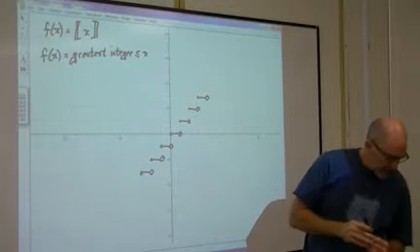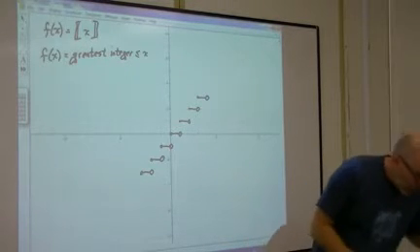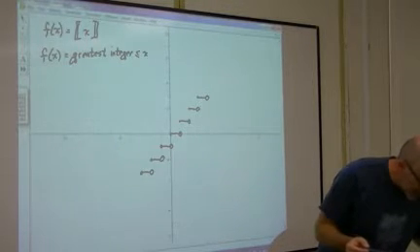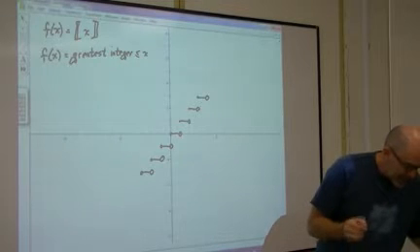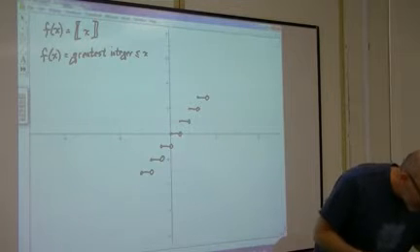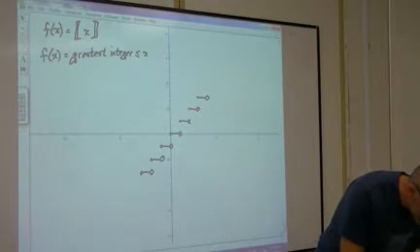All right, now, we want to know the limit as x approaches any integer.